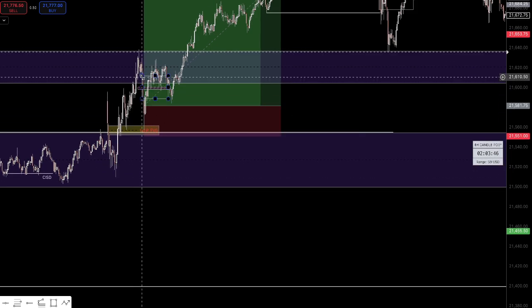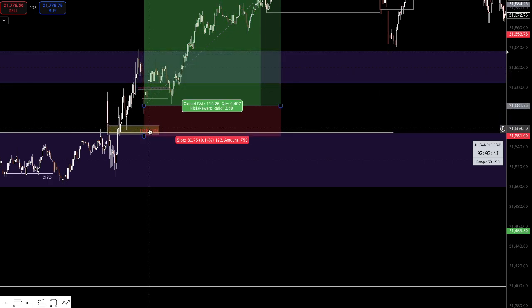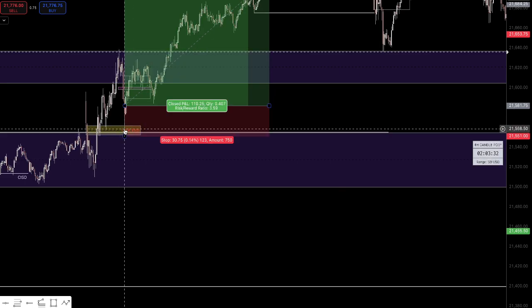Now, come 10 o'clock, we go all the way down to the first presented fair value gap. And while this would be the best entry, I always wait for candle closures. Okay, so I waited for the candle to close.